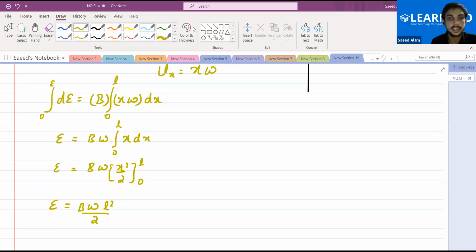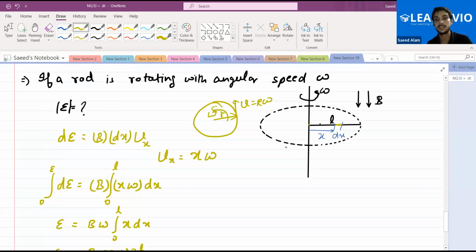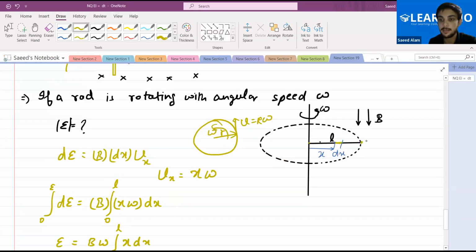Can you see an amazing thing here? Let me convert it into the form of velocity. What is the velocity of this extreme end particle?